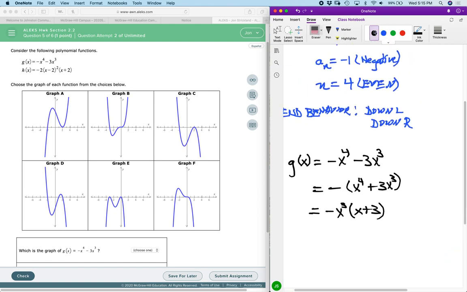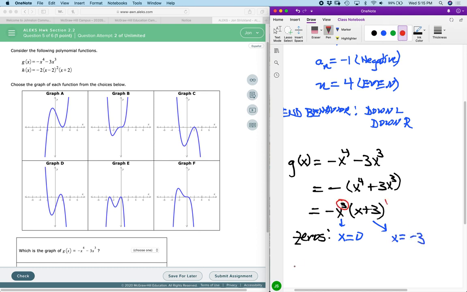So we have with the zeros, the first factor, x is equal to 0, and from x plus 3, I have x equal to -3.